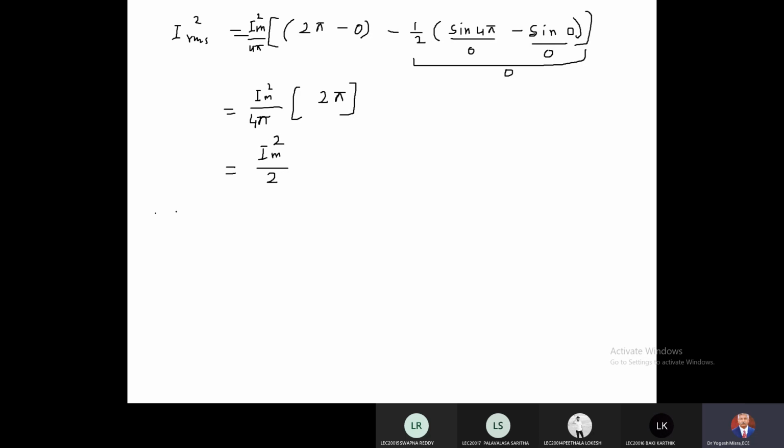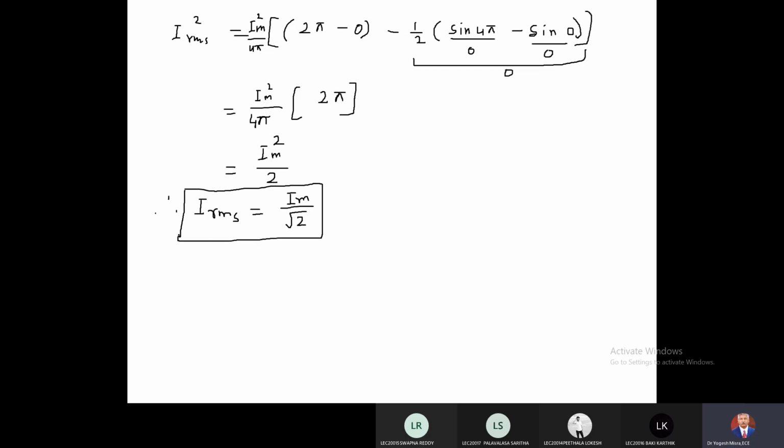Therefore IRMS square is Im square by 2, so now IRMS will be Im by root 2, right?